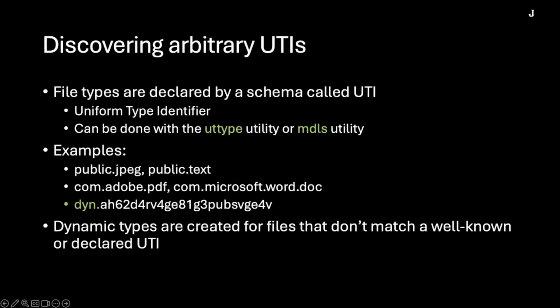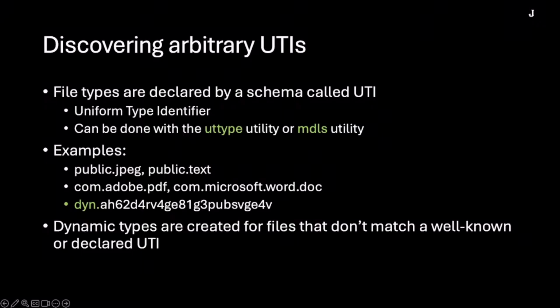UTI stands for Uniform Type Identifier, and there are two tools that come pre-shipped with Mac, one of them is UT-type, the other one is mdls, that can walk down this UTI and map a file into its file type. And UTI is kind of like a tree, so there is inheritance for it.